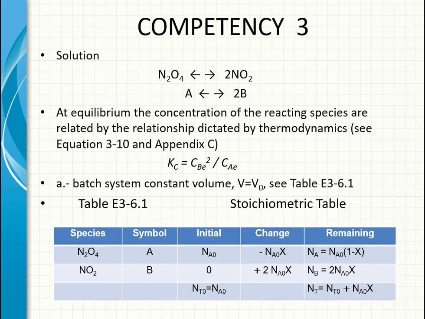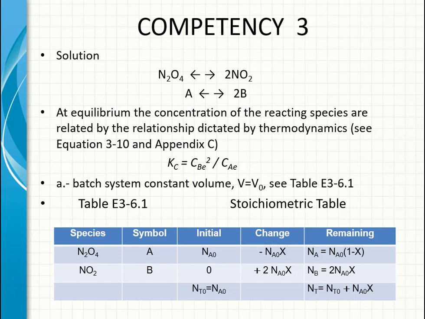So here we have the stoichiometric table, in which we have the species N2O4 and NO2, the symbols A and B. Initially of A, we have Na0.